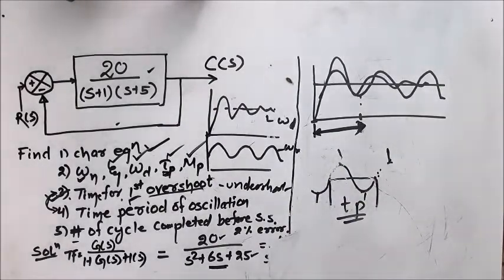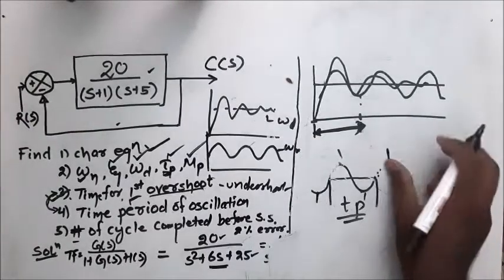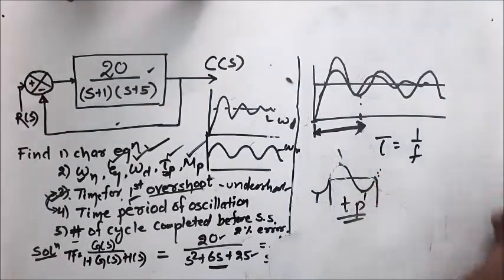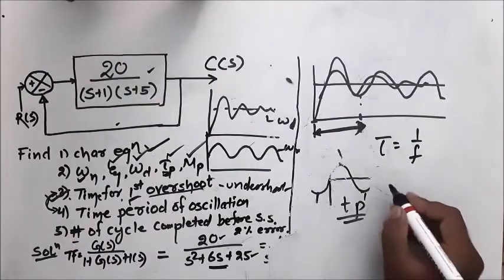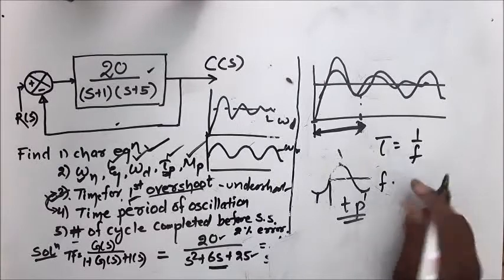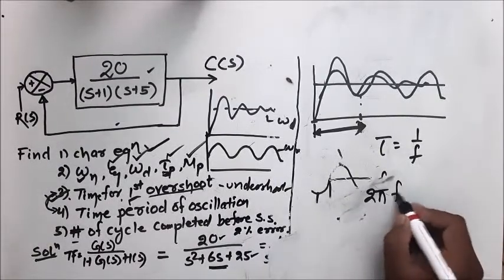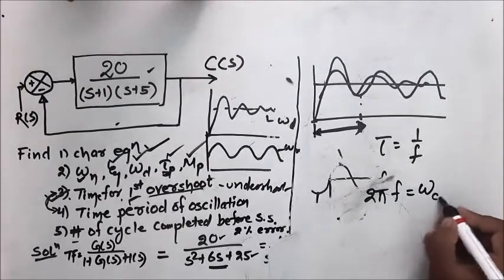We know that the time period T is equal to 1 by F, the reciprocal of frequency, and 2 pi F is equal to omega d.